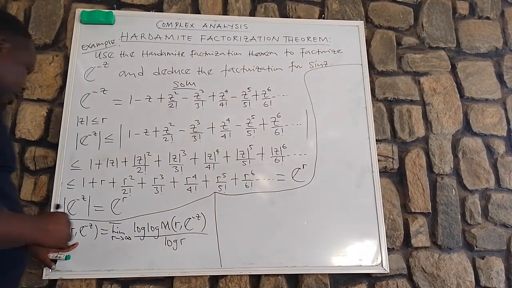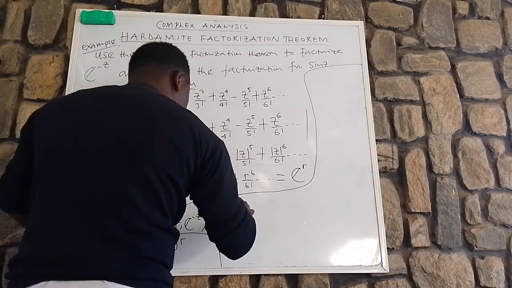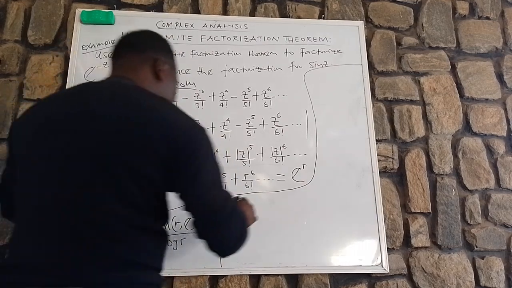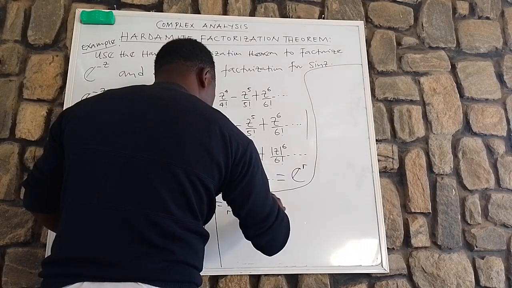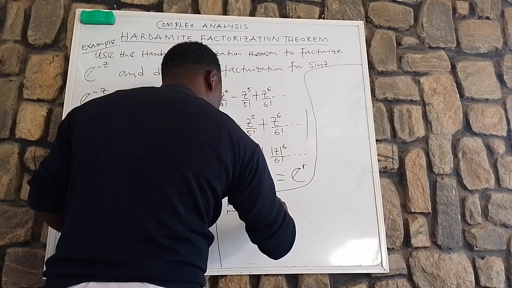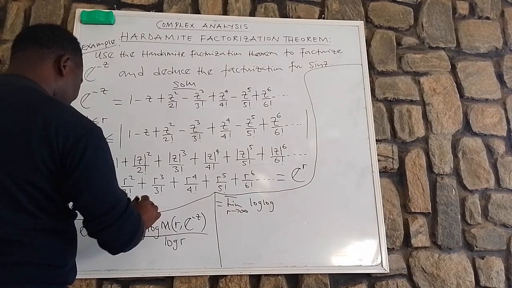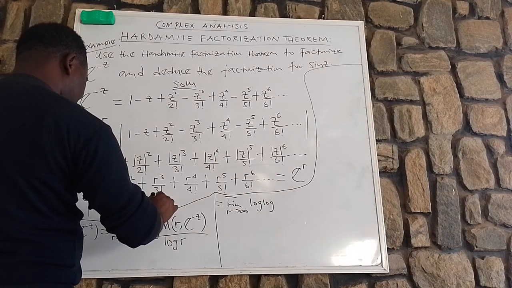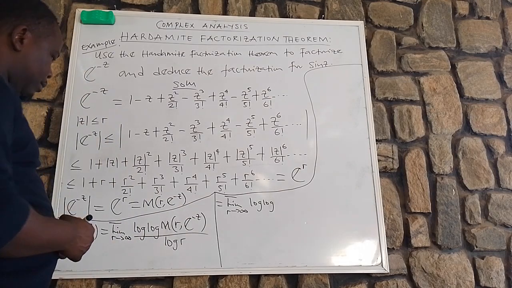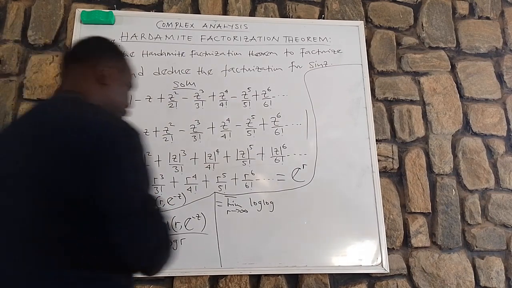So if you agree with me, it implies that this is equal to the upper limit, r tends to infinity, of log, we know that this is the same thing as n of r comma exponential z. Amen. Okay. So it implies that this is equal to this. Please take note.